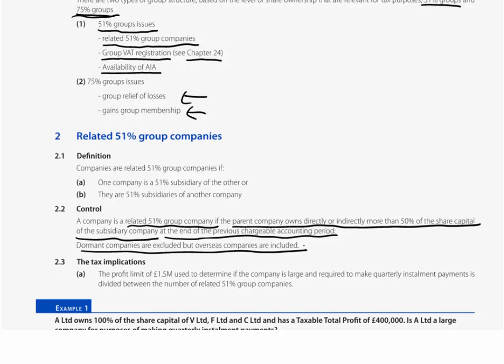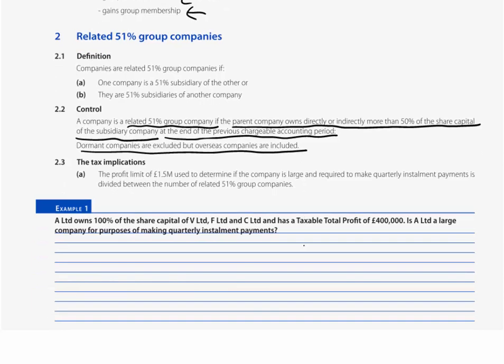So, a little example here, example 1, which again you should be able to comfortably deal with given what we've already said and dealt with within this session. A Limited owns 100% of the share capital of V Limited, F Limited and C Limited. Therefore, that is a parent and 3 wholly owned subs. There are 4 related 51% group companies.